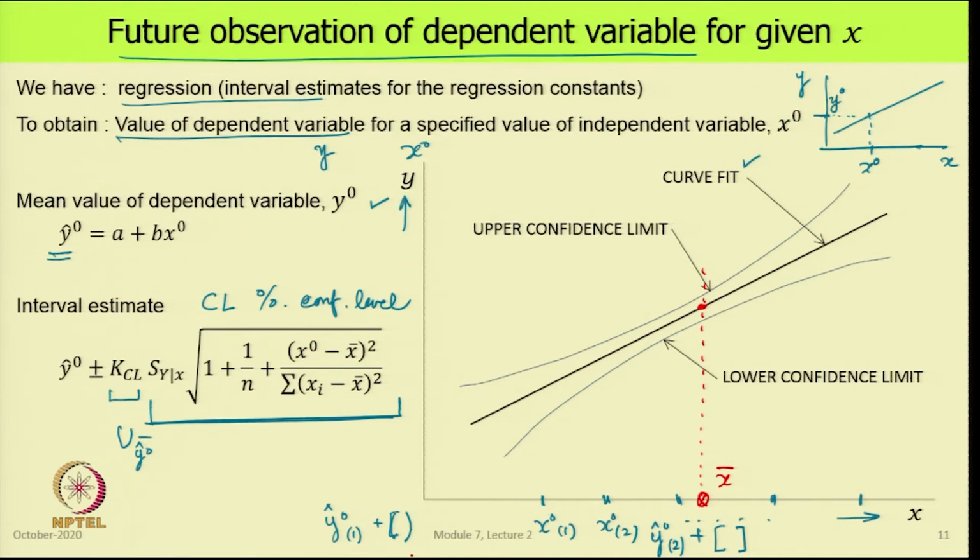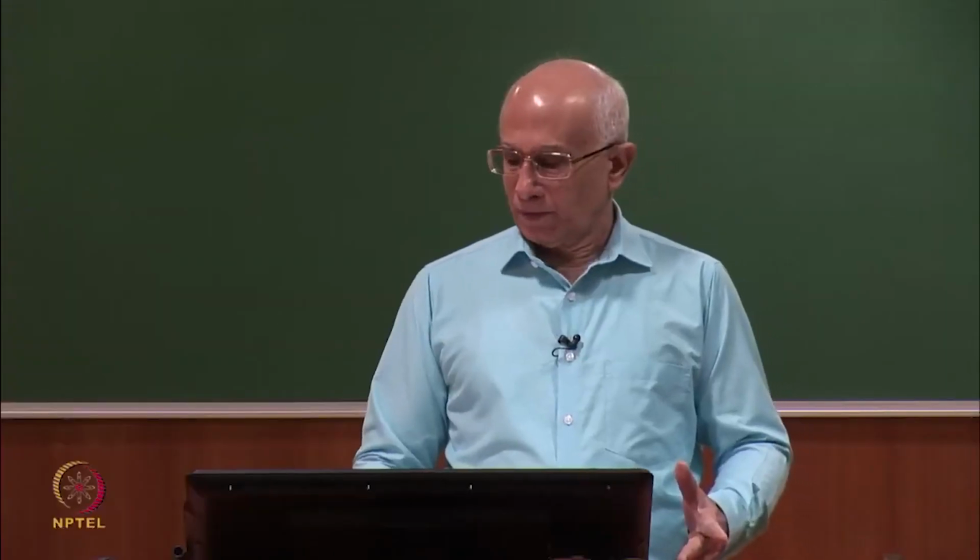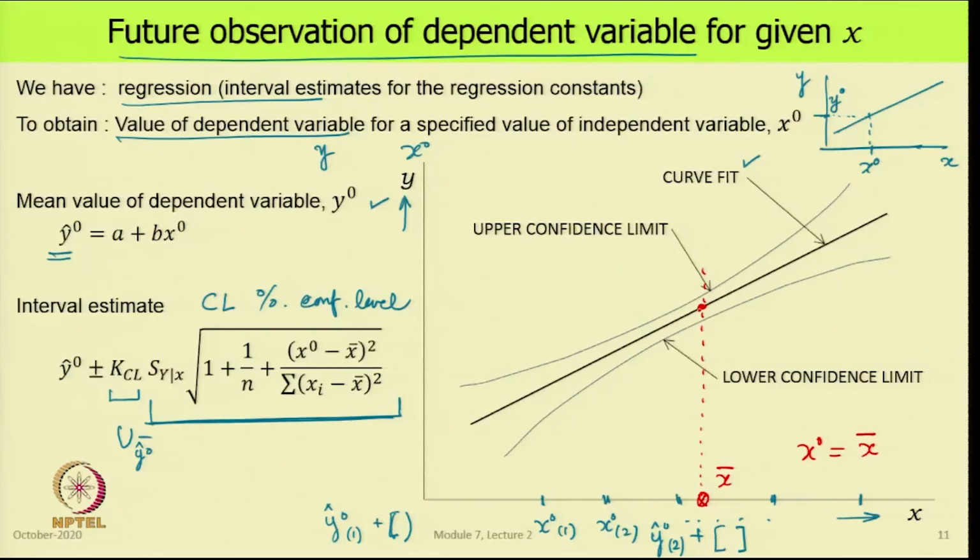So, if x 0 were the same as the mean that we had, say the mean was 15.2 and we got the regression, and then somebody says, tell me the value at 15.2, well, we will go back to the regression, put that 15.2 over here and get the value of y hat 0.